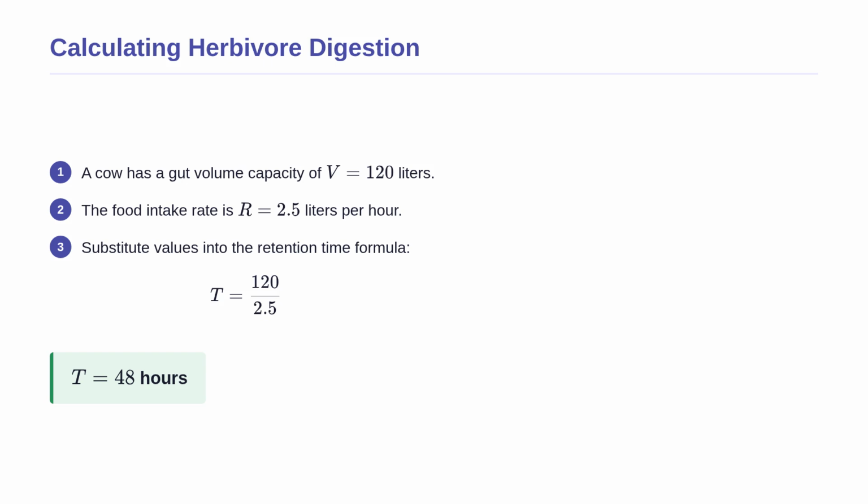We chose this formula because it directly relates physical anatomy to physiological time. By substituting our given values, we divide 120 by 2.5. The final answer is 48 hours. Physically, this means a piece of grass stays inside the cow for 2 full days, giving symbiotic bacteria enough time to break down tough plant cellulose.